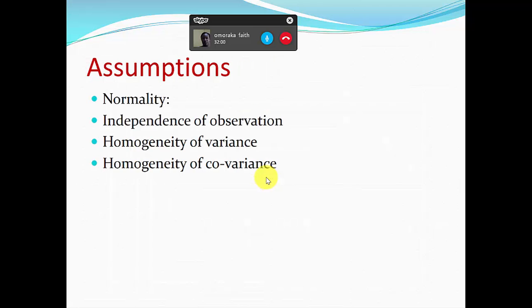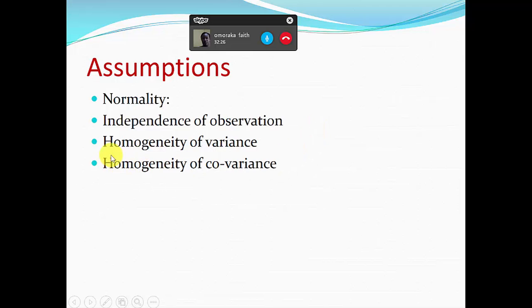Assumptions for using MANCOVA, slide 22. 1 is normality. Each dependent variable must represent a normal distribution of scores. Violation of this may lead to type 1 error rate. Then independence of observation. This means that each observation must be independent of other observations. This assumption can be met by employing random sampling technique.